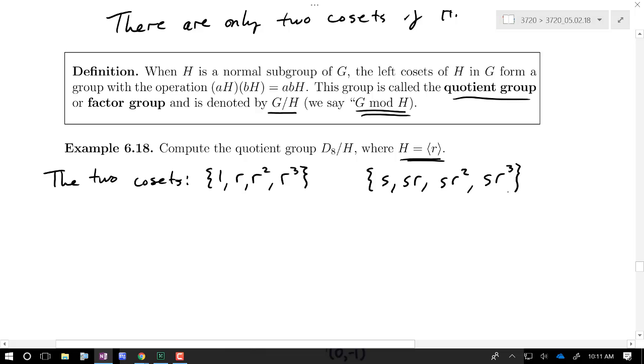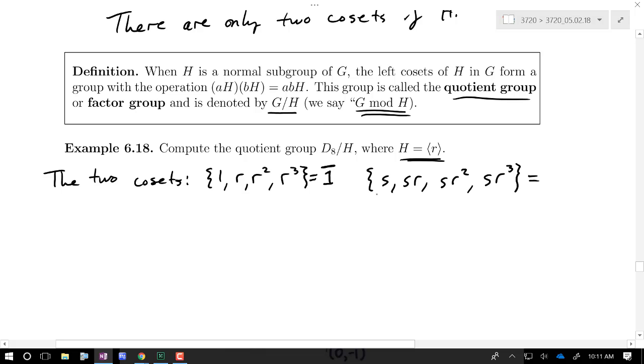But if I'm doing operations with these cosets, or if I want to refer to a particular coset, usually we wouldn't write out the set every single time. It would seem horribly inefficient and cumbersome. So what we're going to do is just pick a representative element. We're going to say that this first coset is the 1 element, and I'm going to indicate that I'm not just talking about the 1 element in D8, but the 1 coset, by writing it with a little bar over: 1 bar.